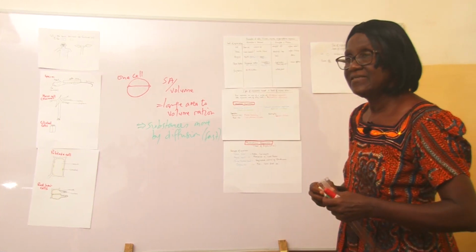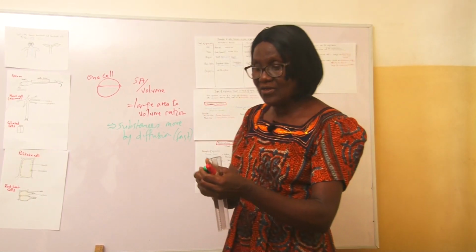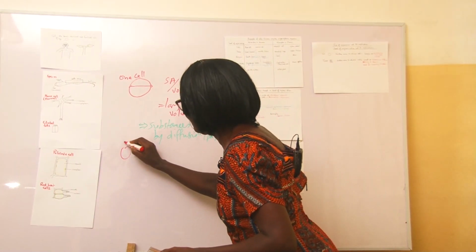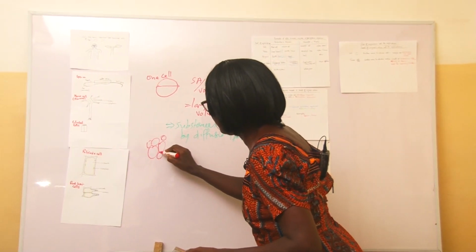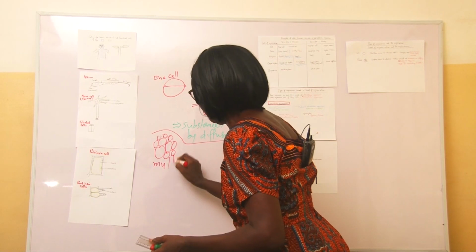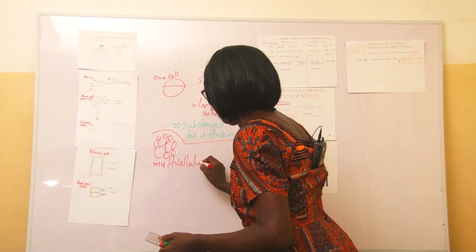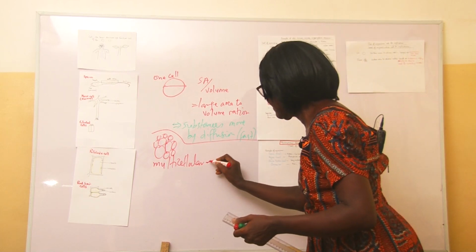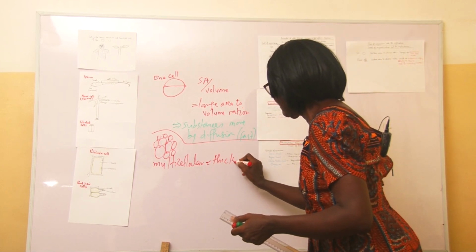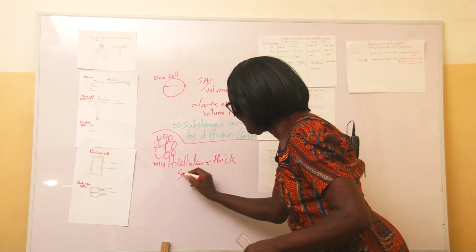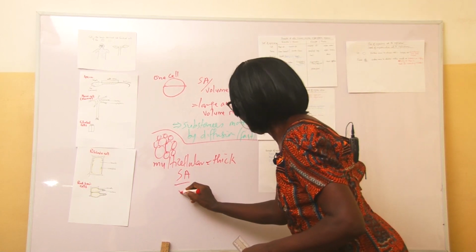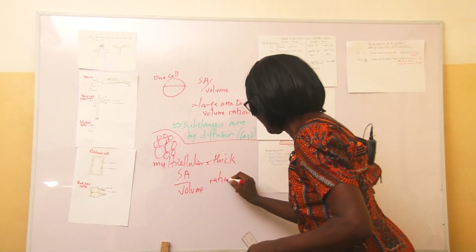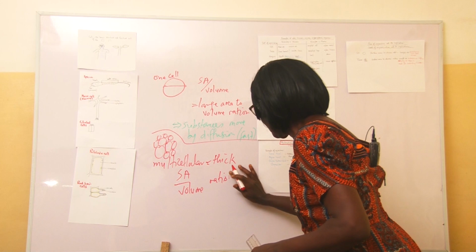All right. Now, if you are a multicellular organism, here you are, this organism made up of a lot of cells. This multicellular organism is thick. It means the surface area to volume ratio is small.